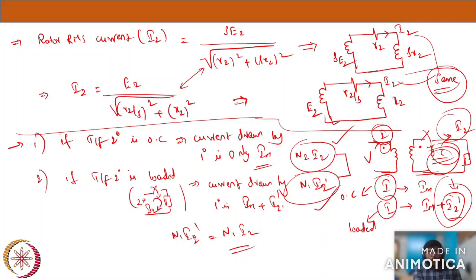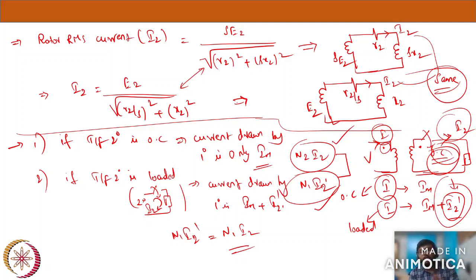Now the total MMF existing in the circuit, if we calculate again, that is N1 IM, that is my magnetizing flux, plus N1 I2 dash, that is the flux generated by my primary additional current, minus N1 I2. The plus and minus terms are in opposite directions, so they will cancel out.